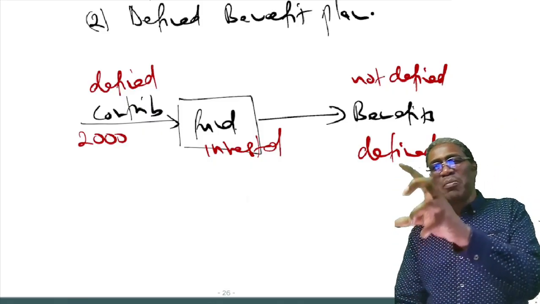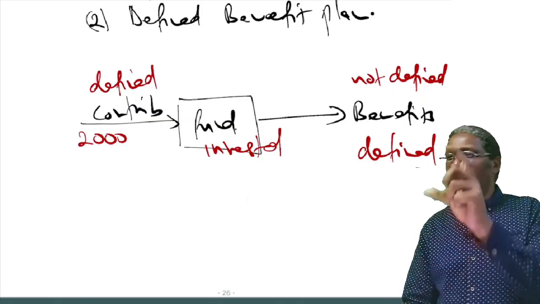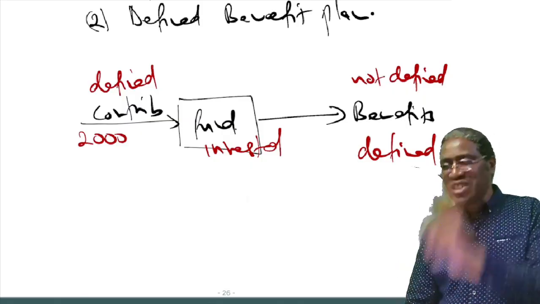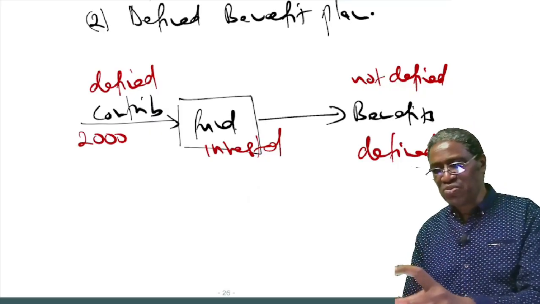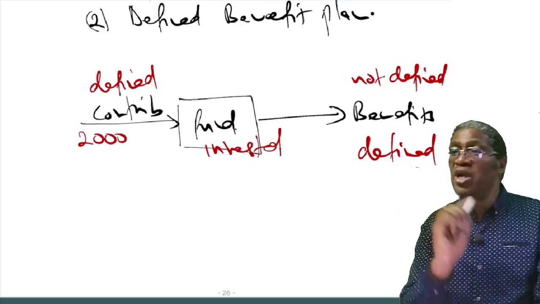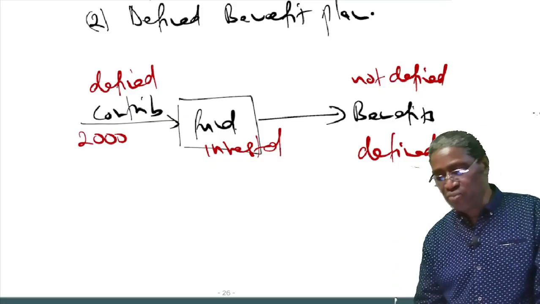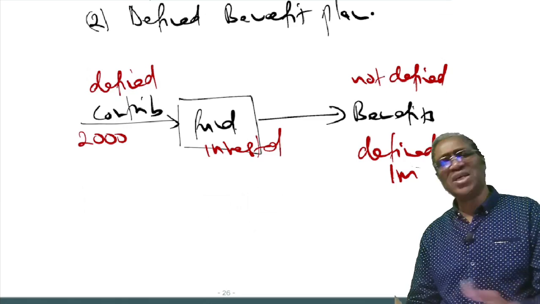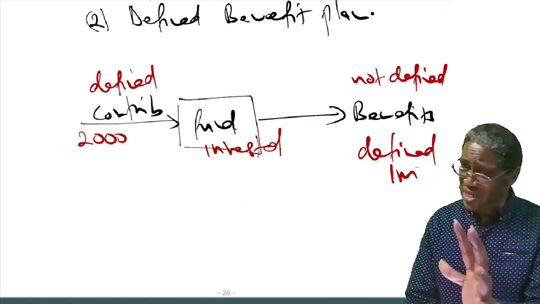Meaning as an employee, you know how much you will take home 10 years from now, 20 years from now, and so on. You know in advance. Let's assume that at the date of retirement, you'll go home with 1 million as your retirement benefit, whatever it is.